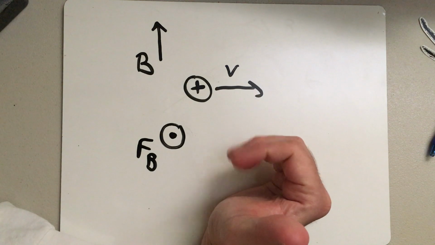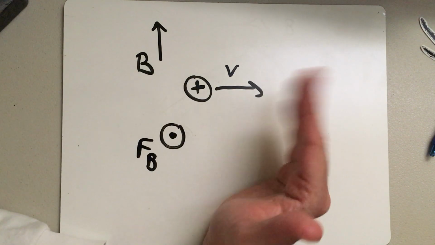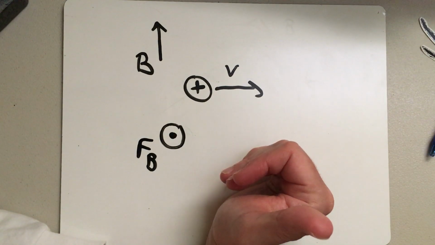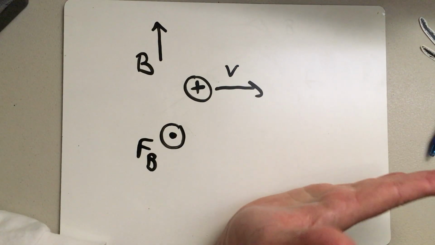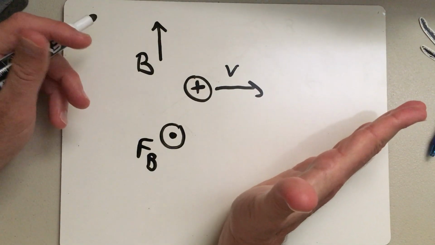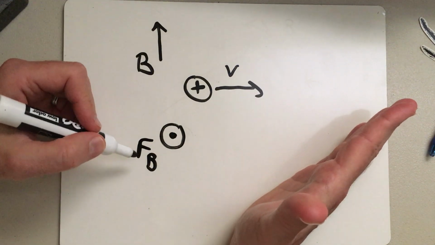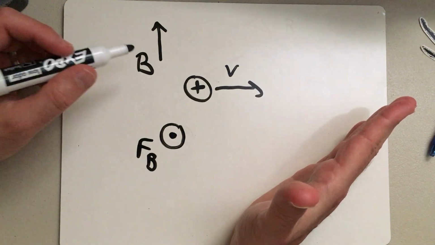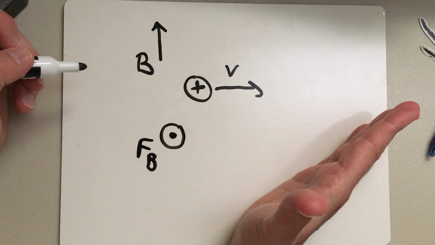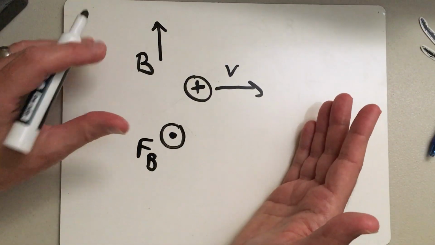We don't count that extra bend of our last knuckle to get more than 180. It's from 0 to 180. And the thumb always sticks straight out, because the magnetic force is always perpendicular to both the field and the velocity. So this is the right-hand rule to allow you to figure out the force.